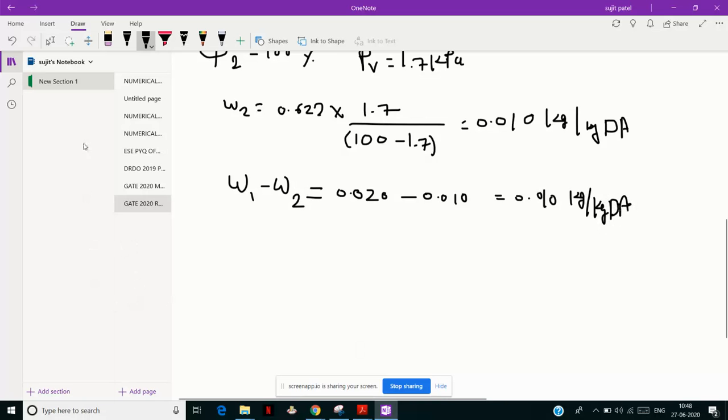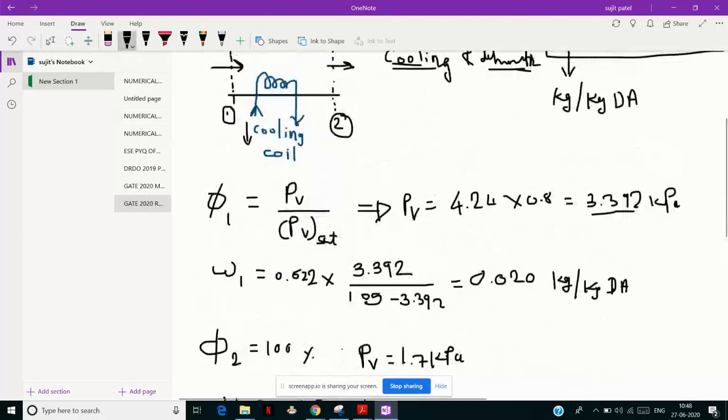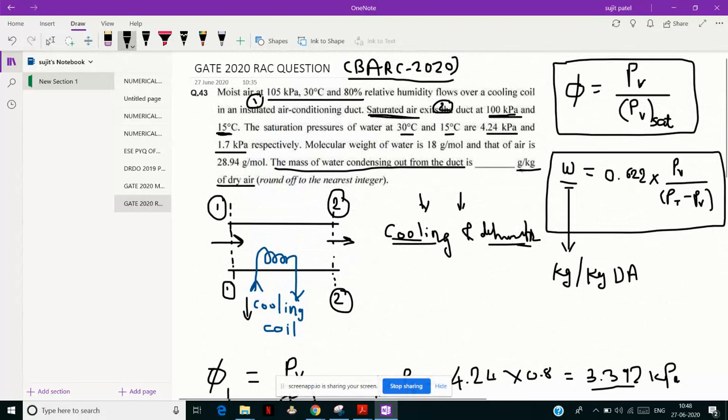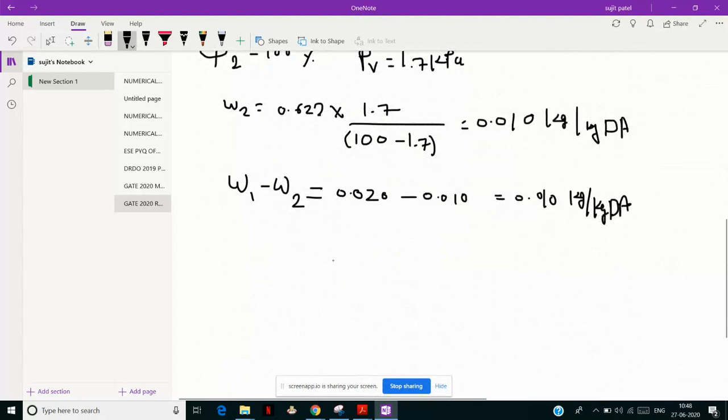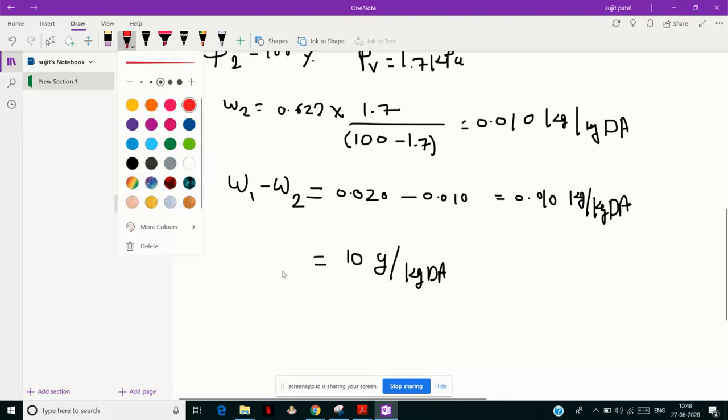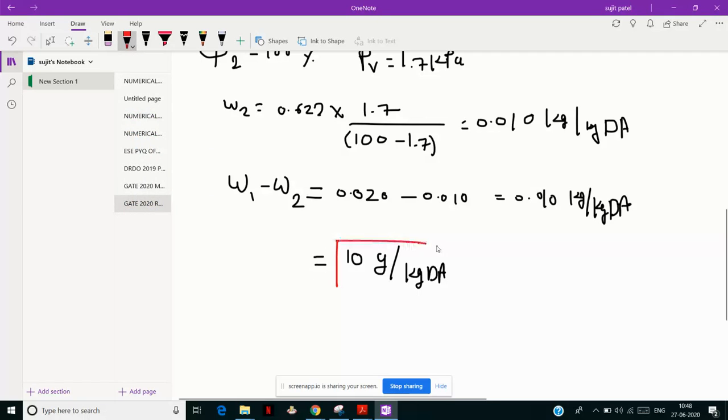But in the question it is asked in gram per kg of dry air, so just multiply by 1000, and you get 10 gram per kg of dry air, and this is our final answer. Rounded off to the nearest integer, as asked in the question, that is 10.